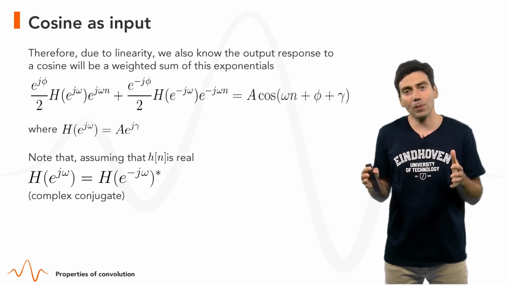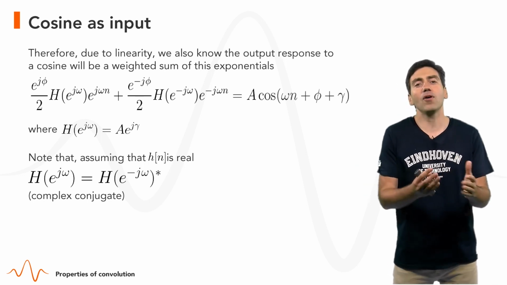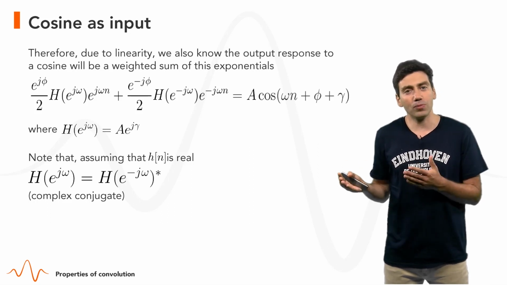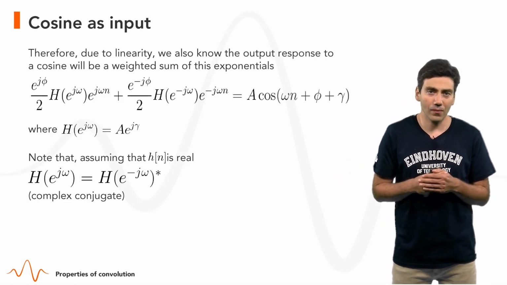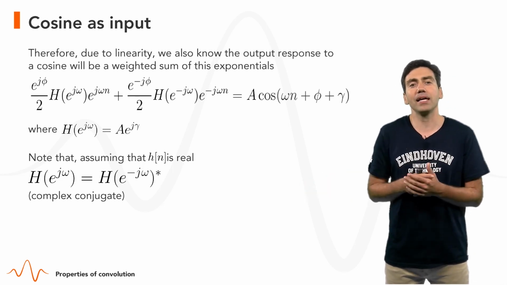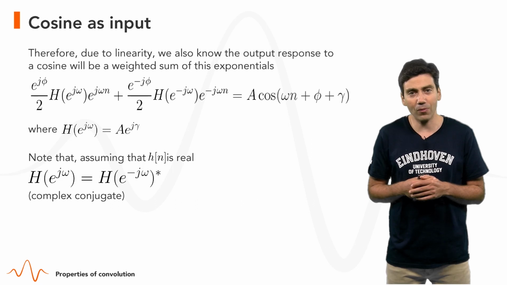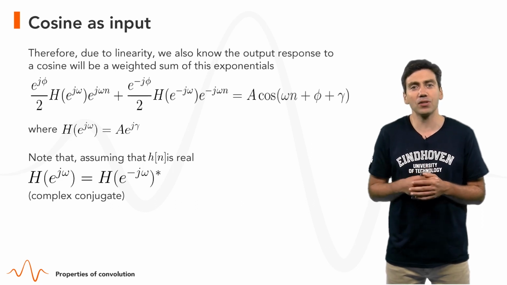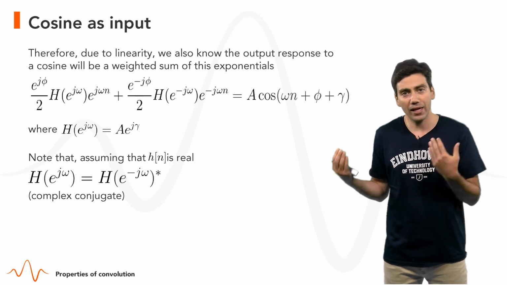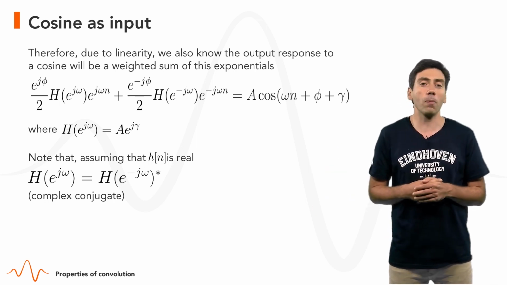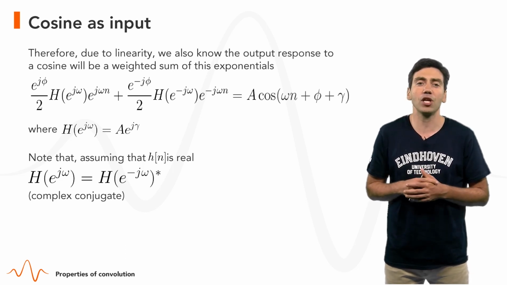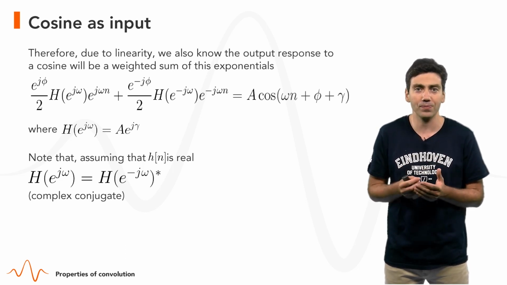And so once we apply this weighted sum of complex exponentials, we get at the output also a weighted sum, but now multiplied by capital H of e to the power of j omega, and the second term, associated with e to the power of minus j omega, multiplied by its complex conjugate, capital H of e to the power of j omega complex conjugate.